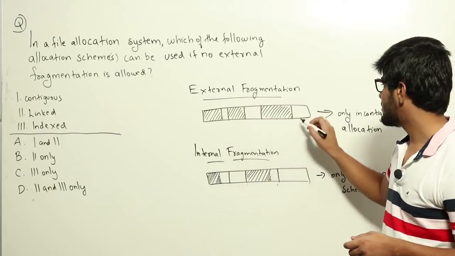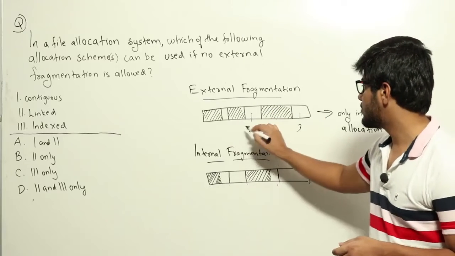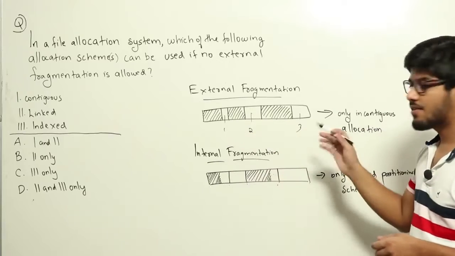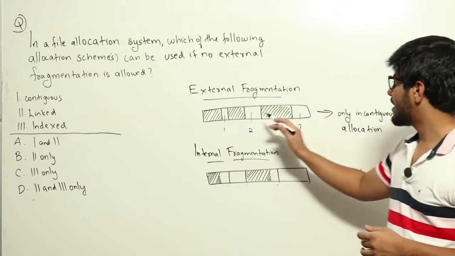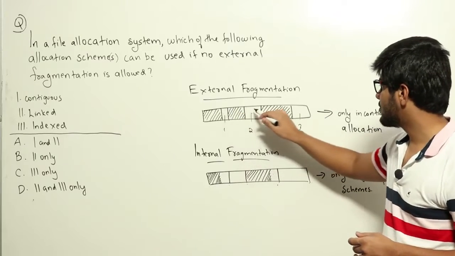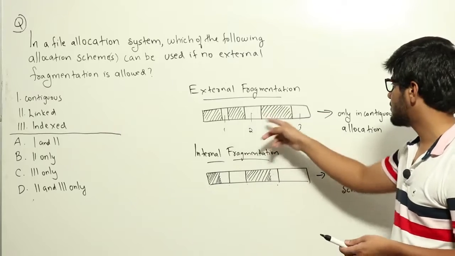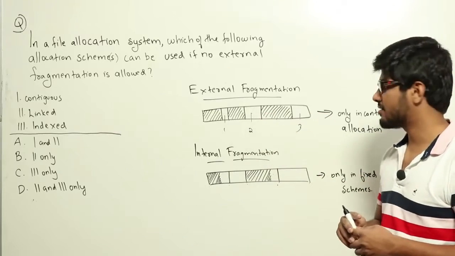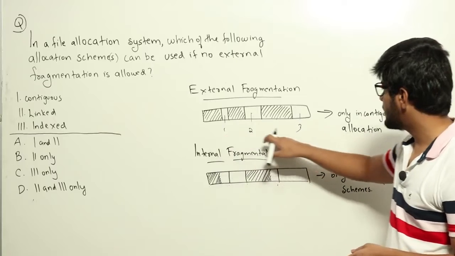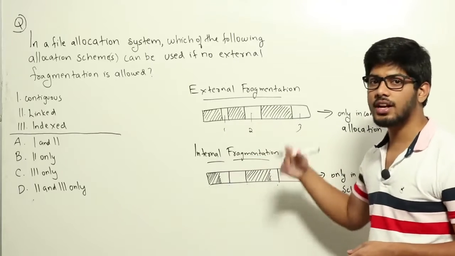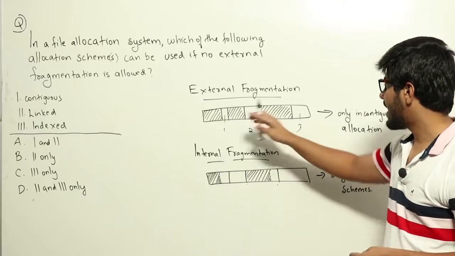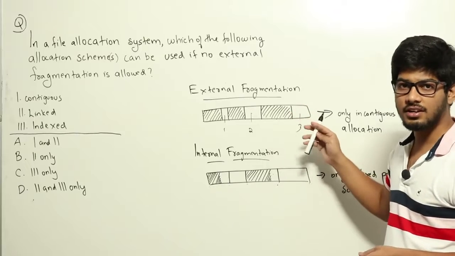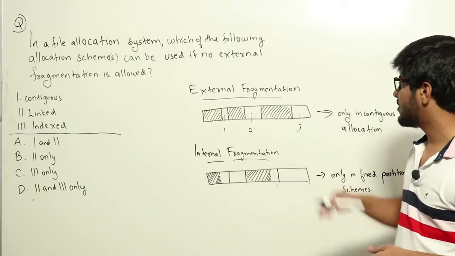So let us say this space is 3, this space is 2, this space size is 1, and we have a file of size 6. So we can allocate that file only in either this or this or this if it is contiguous. So we can't use any of these if the file size is 6. But if all of these were combined together, we could have allocated the file. Meaning we have space for the file, but since we are using contiguous allocation scheme, we can't allocate the file.